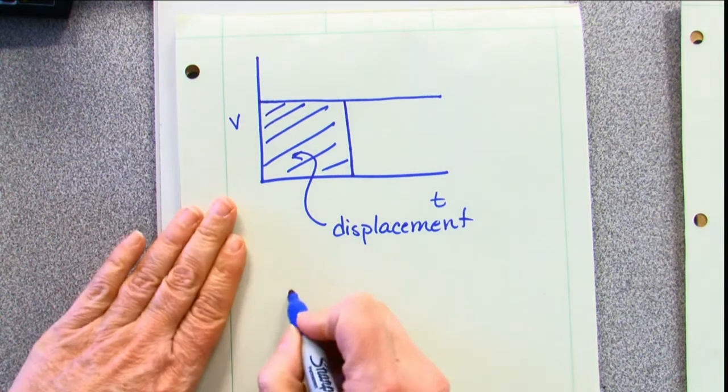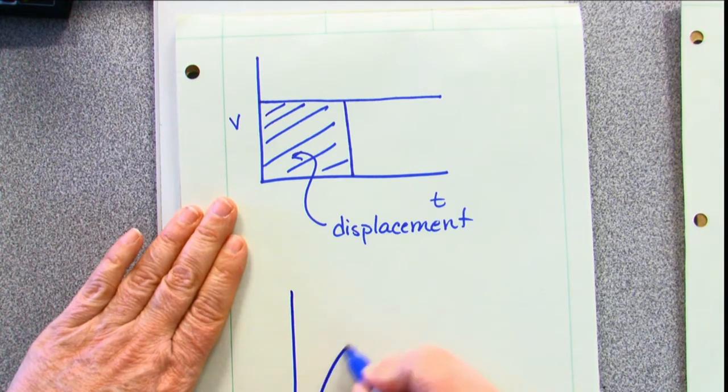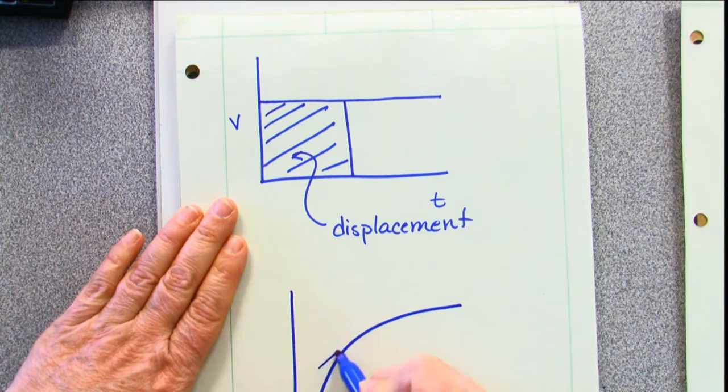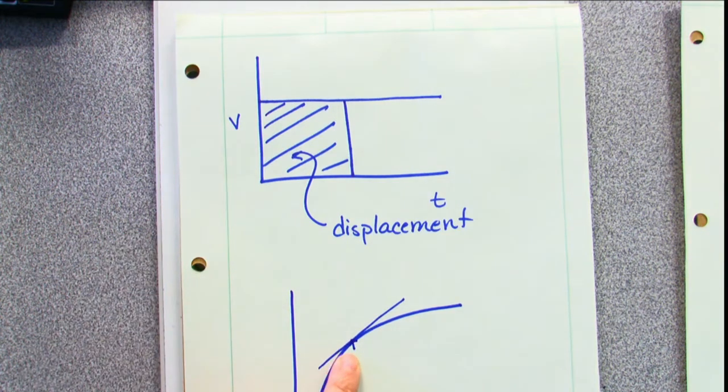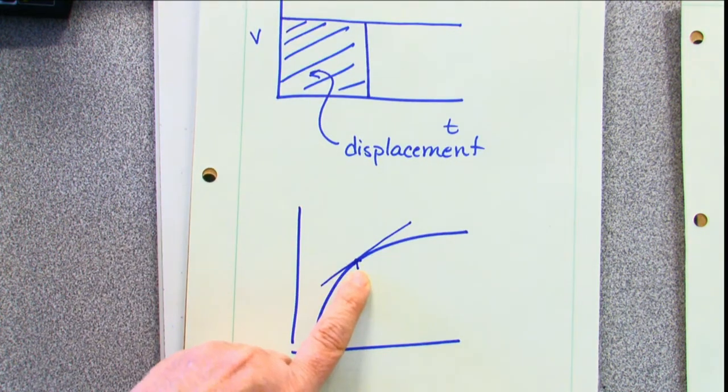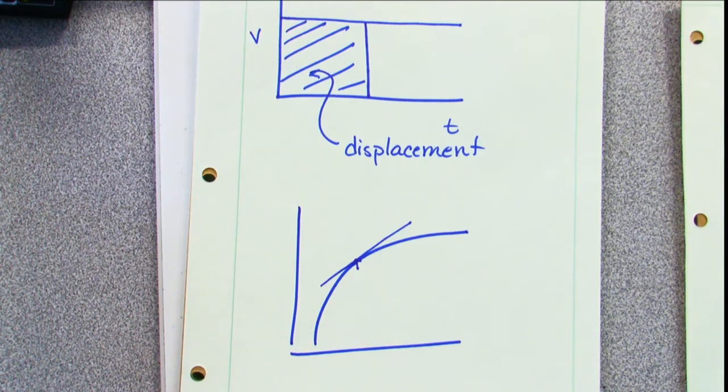If I look at the slope at the tangent at a point, that's where I'm going to get a limit, or an instantaneous velocity. From a graphical standpoint, that gives me my limit or my instantaneous velocity.